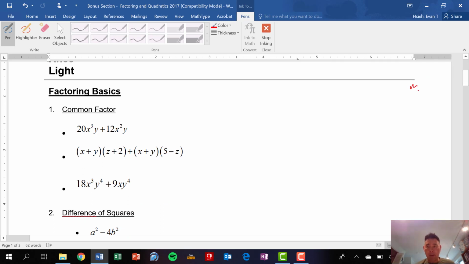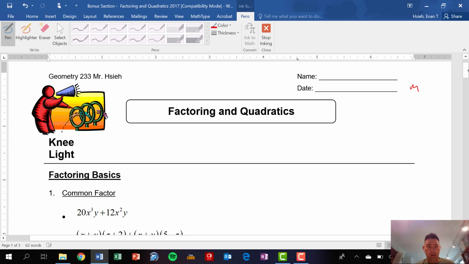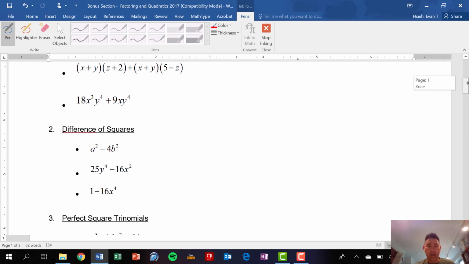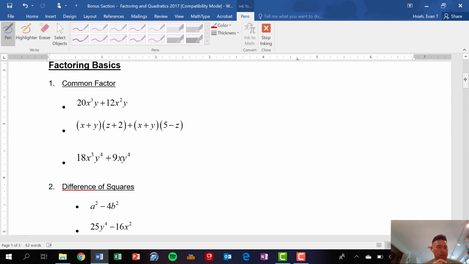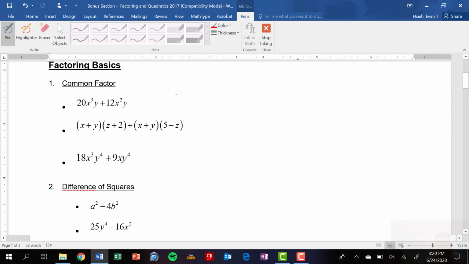So the most basic thing when you're talking about factoring is the first thing you should do is look for any common factors that you can pull out. So for example, in this first problem here, I can factor out a 4 from each of these terms because the 4 is in common between the 20 and the 12. I can factor out an x squared and a y.